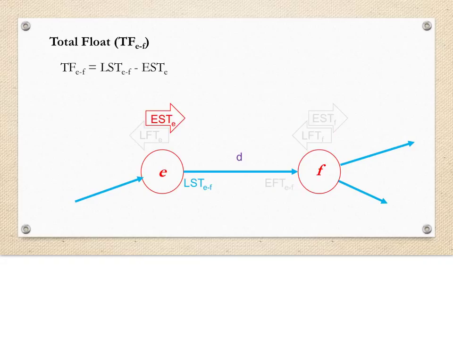Another way to determine total float is subtracting the earliest start time of the event representing the beginning of the task from the latest start time of the task.